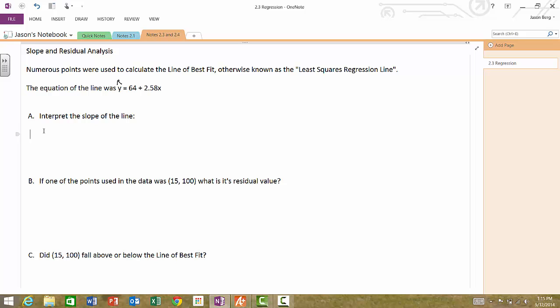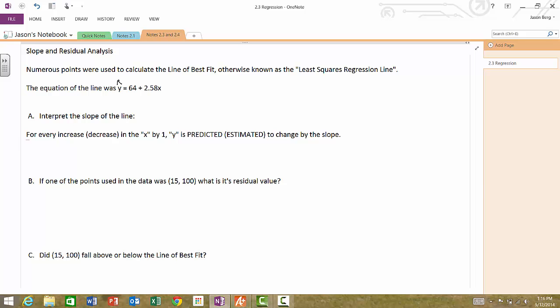So the general term is for every increase or decrease in the x, y is, now here's the, okay, so here's the general form.